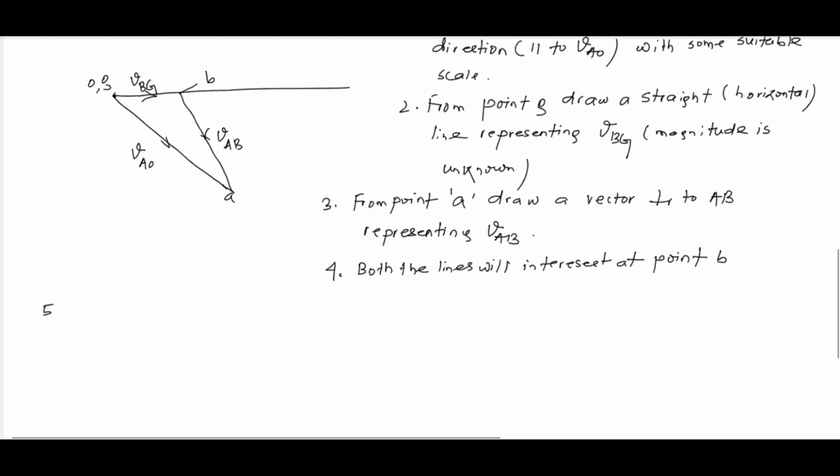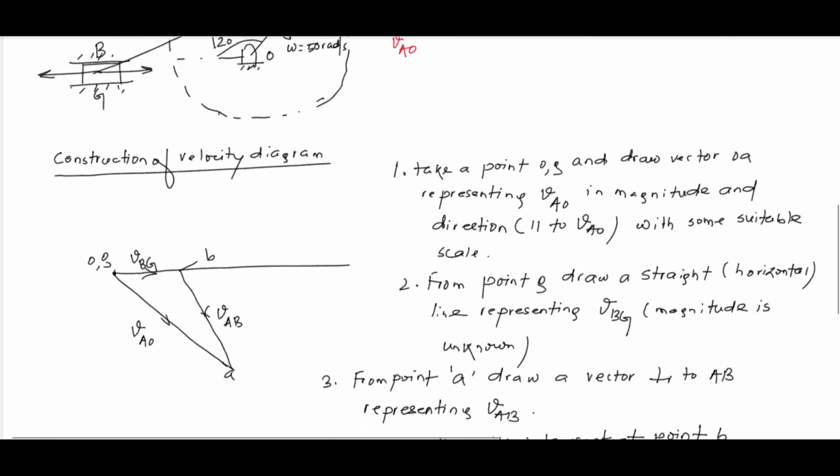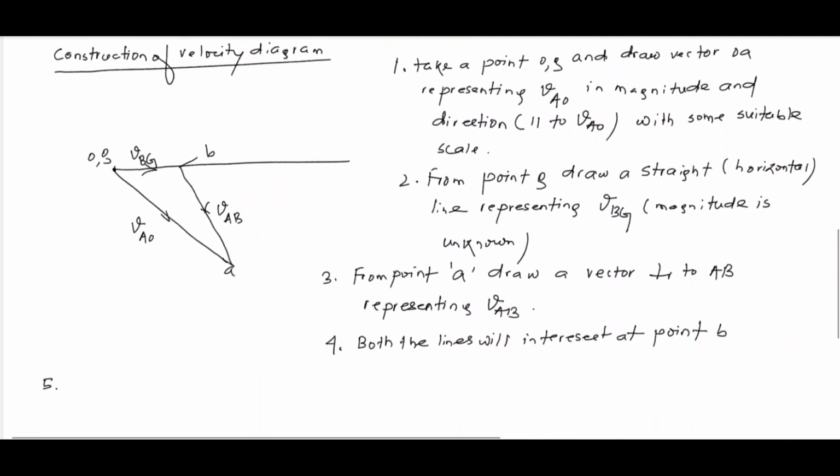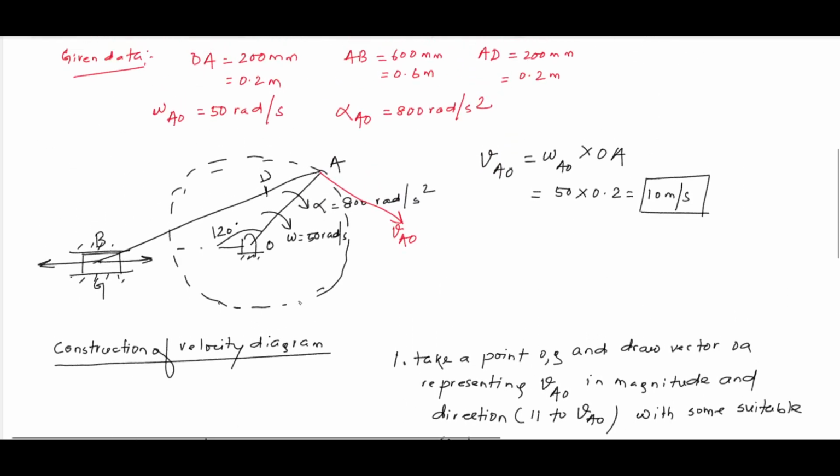Now fifth step is locate, we have to find out this point D also. This is our point D. So here you locate small d, as per the scale. As per the scale means here AD is 200 mm and AB is 600 mm.